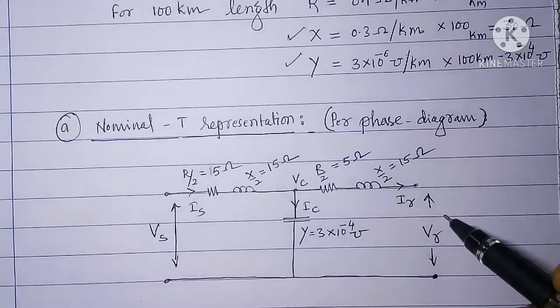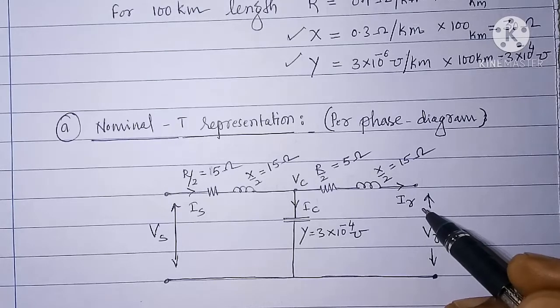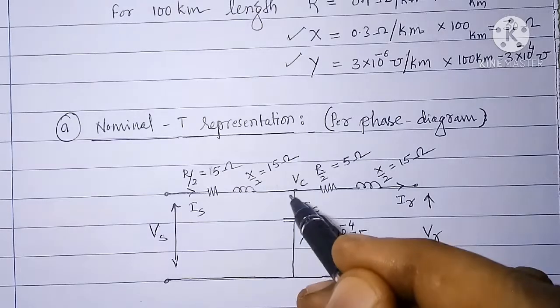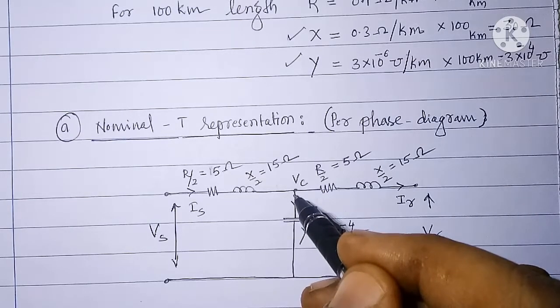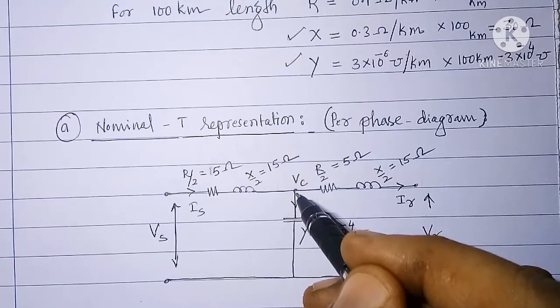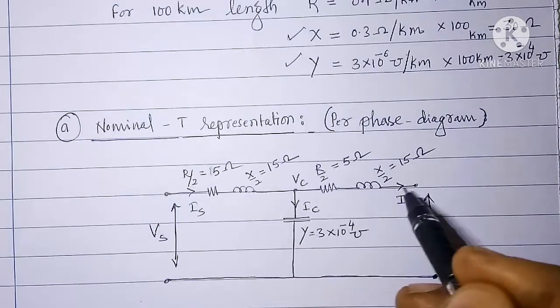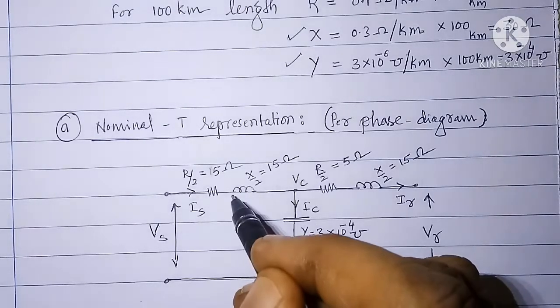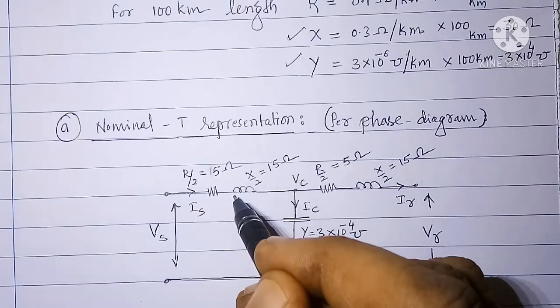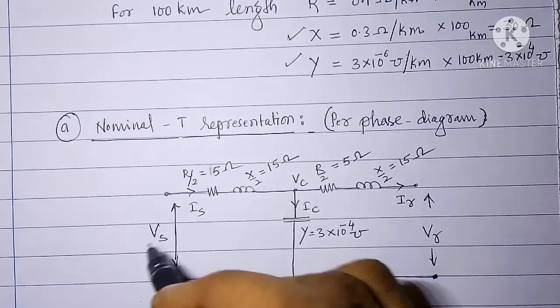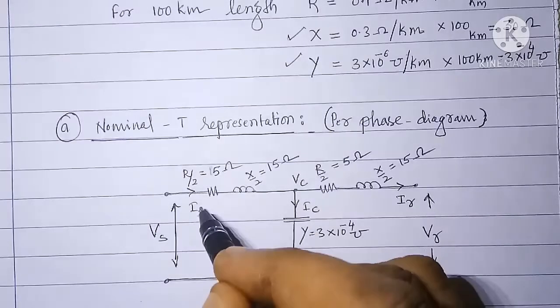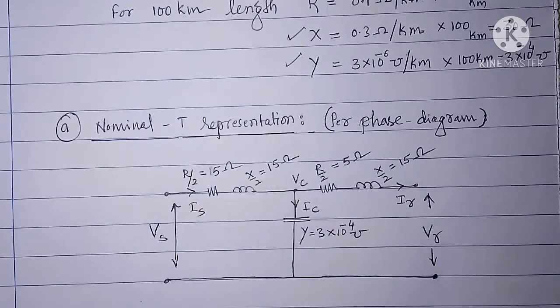For that, first we will calculate the receiving end current at given load, and then we will calculate VC. Using VC, we will calculate IC, and then using IR and IC we will calculate IS. After that, we can calculate VS. Once we calculate IS and VS, we can come to know what is the sending end power factor.